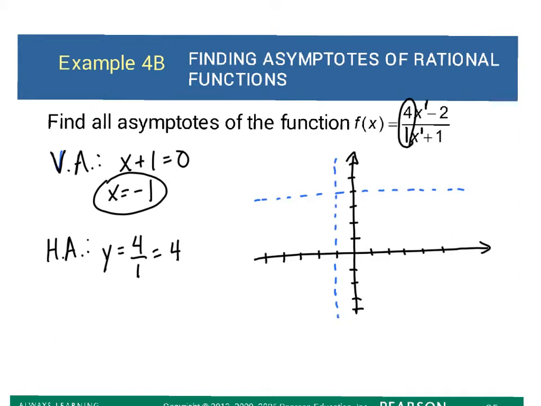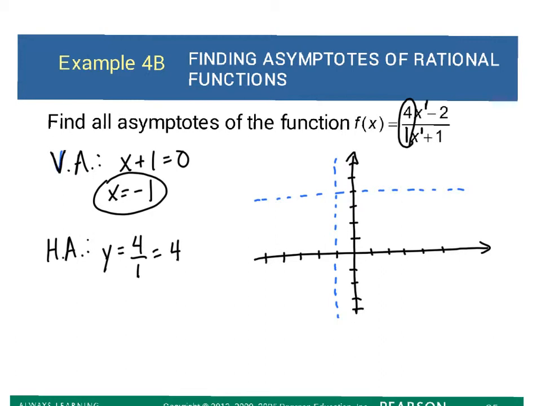Now plot the rest of it by finding points to the left and then to the right of that vertical asymptote. So for your x values in this function, plug in things like -2 or -3, -4, anything like that.